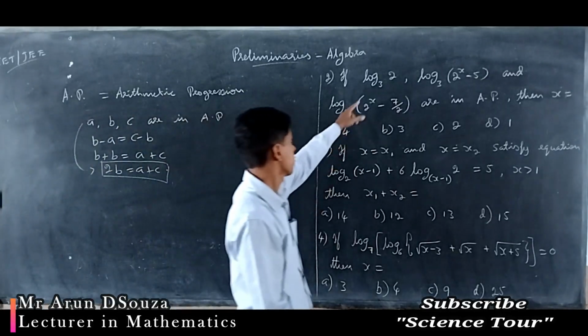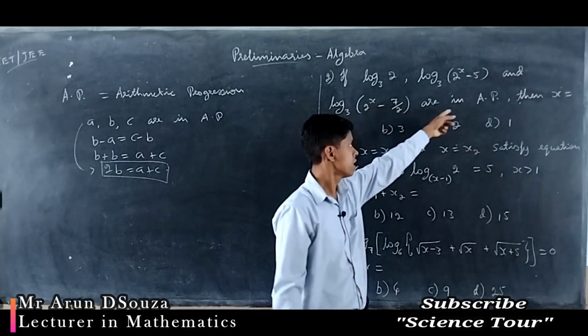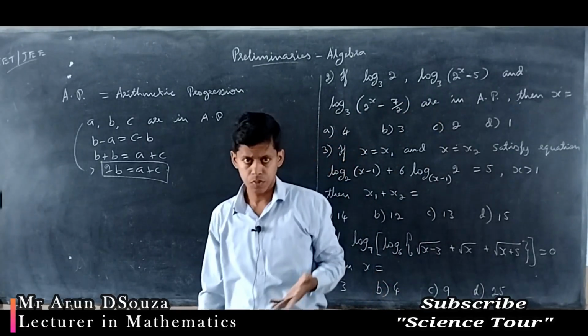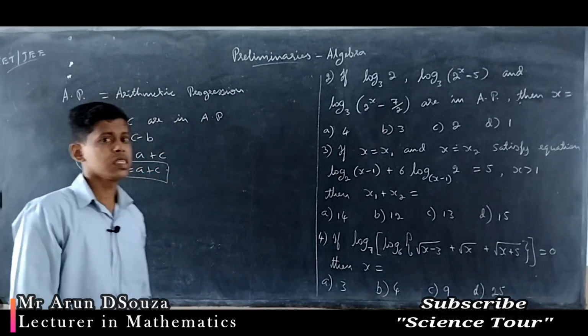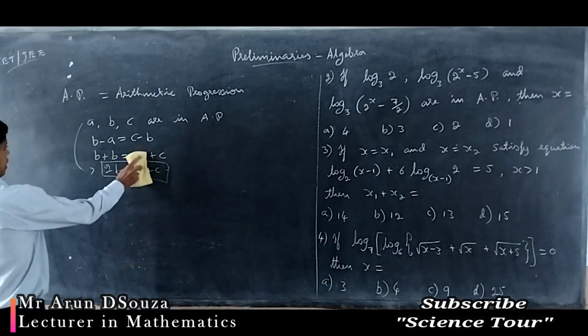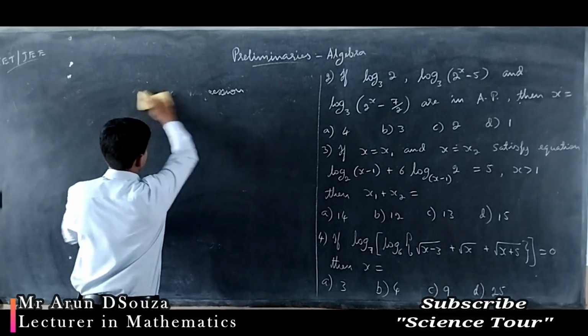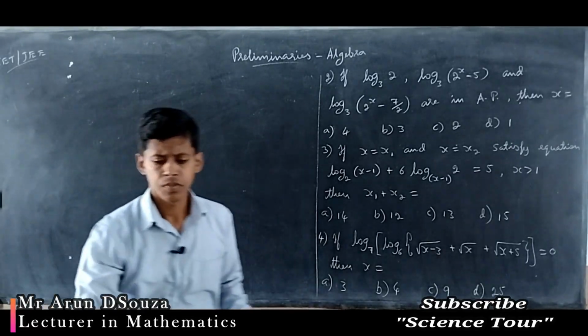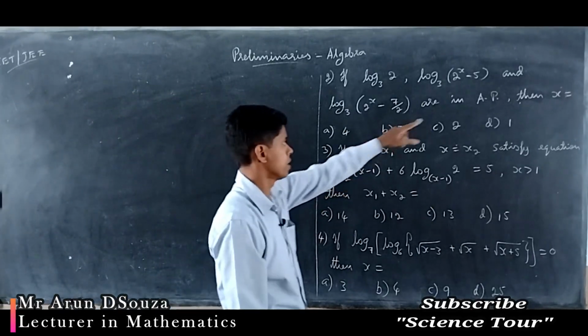Now they are saying, this is like A, this is like B, and this is like C. They are in AP. Then give me the value of x. That's what the question is demanding of us. Let us meet that demand. Alright, so let's solve this and find the value of x.